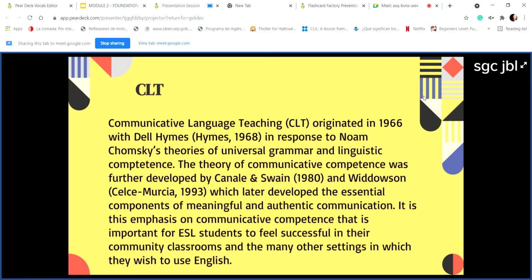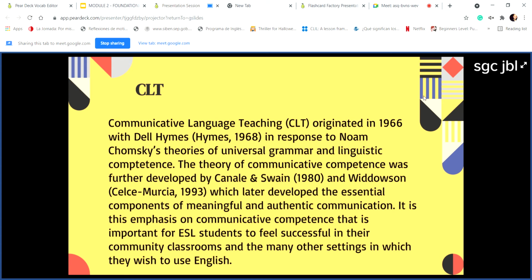This was originated in 1966 by Dell Hymes in response to Noam Chomsky's theories of universal grammar and linguistic competence. The theory from Chomsky basically says that language is like any scientific or mathematical formula and can be taught, practiced and rebuilt if you memorize or learn by heart specific features or specific words.